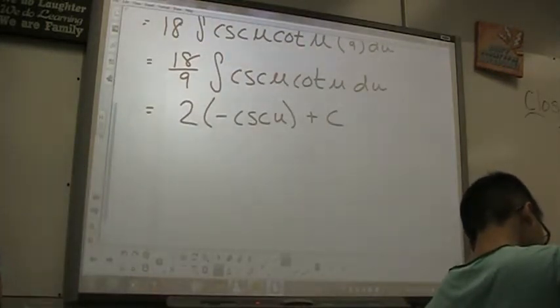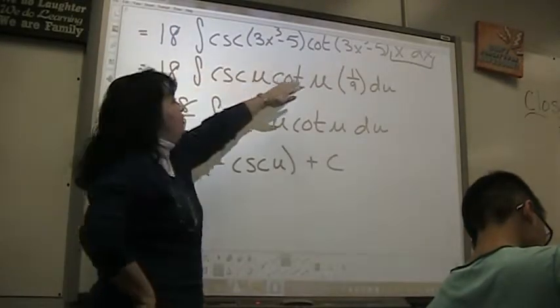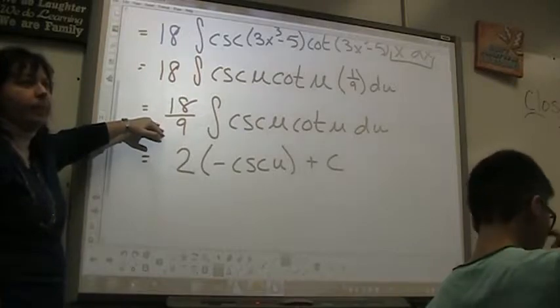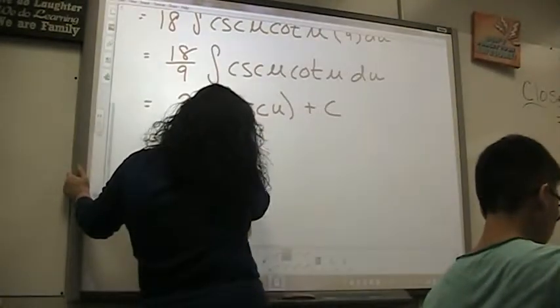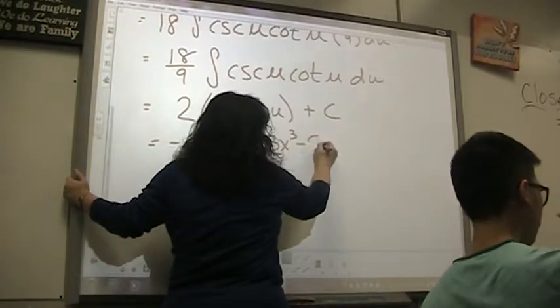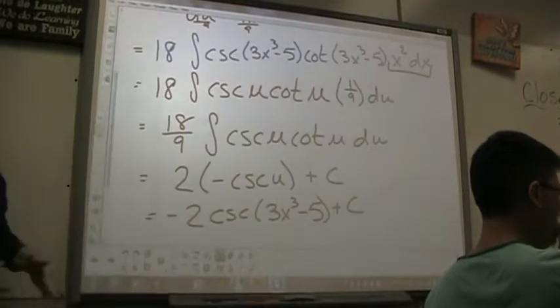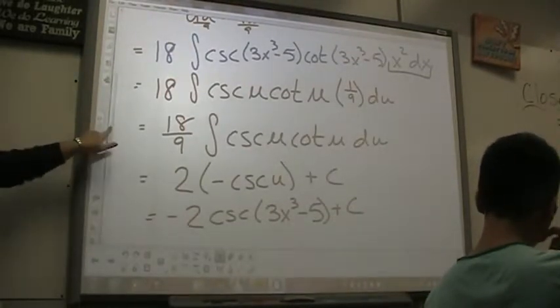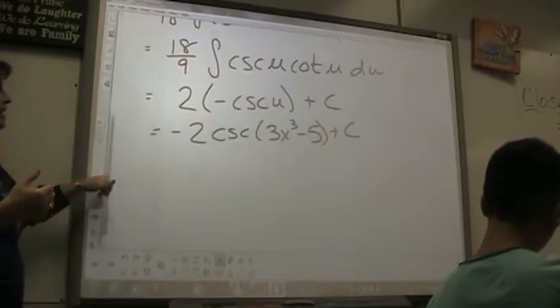I moved it over, so 18 times 1/9 is 18 over 9. Cleaned up, and we've got to take that u out. u was what again? It looked uglier with that cosecant and cotangent, but it's one of those where I need you in the mindset of, oh my gosh, I know the antiderivative of cosecant cotangent.